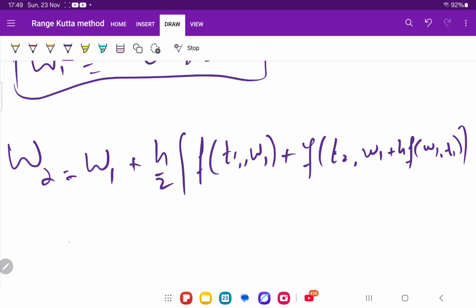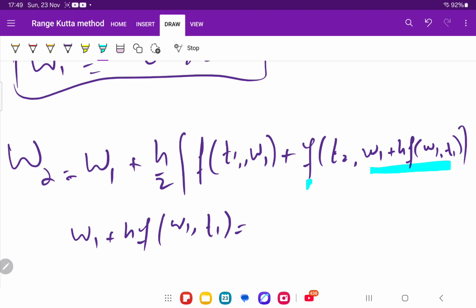The term w1 plus h f of w1, t1 must be calculated because it is needed to calculate this f function.